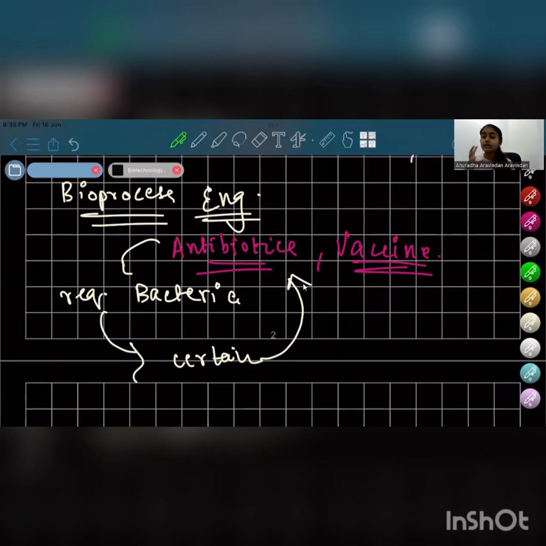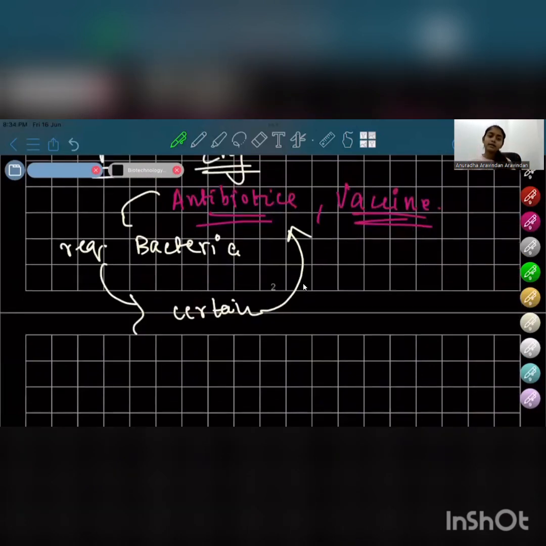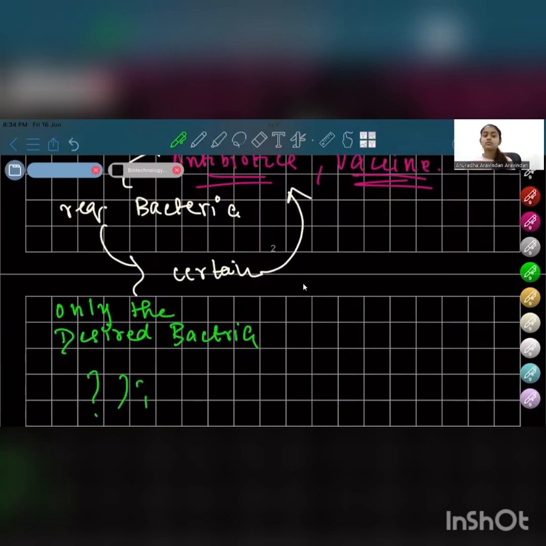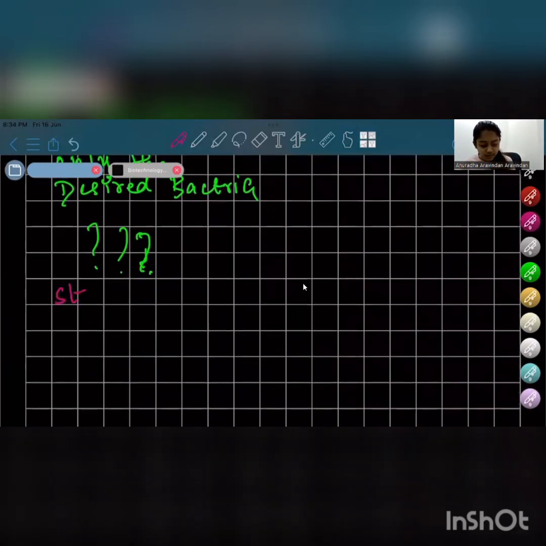Wherever I'm growing these bacteria in large amounts in vessels or fermenters, I have to ensure that it is only the desired bacteria. For growing only the desired bacteria, I should maintain a sterile environment.